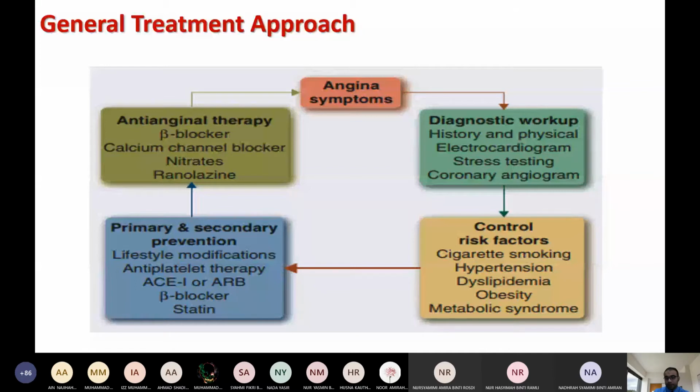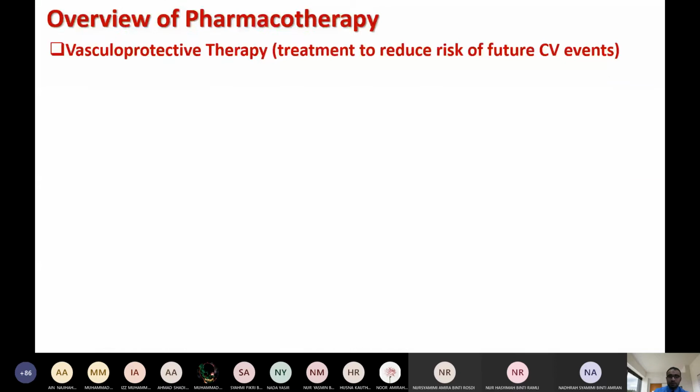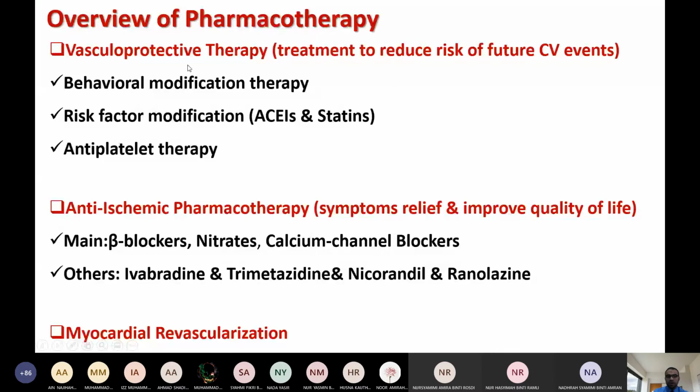Okay, so as we mentioned, we have this treatment for the prevention of primary and secondary events: risk factor modification and antiplatelet therapy, which we call vasculoprotective therapy. For example, if the patient stops smoking, we can interrupt and recover the endothelial dysfunction, so we help the patient decrease the risk of cardiovascular events.